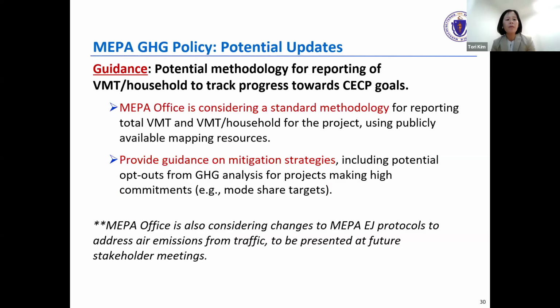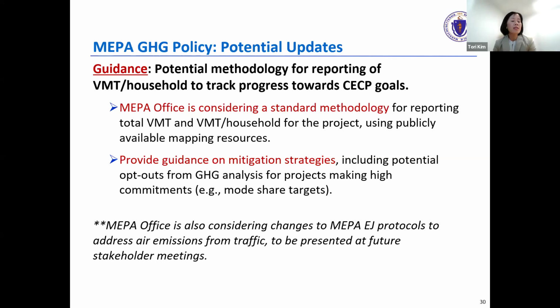Next slide. An additional measure we are considering, and this would go out through guidance, is a potential methodology for reporting on that VMT per household metric. So this is slightly different from the VMT that's generated from the traffic study, where that is just miles traveled within the traffic study radius, typically a very small geographic area around the project site.